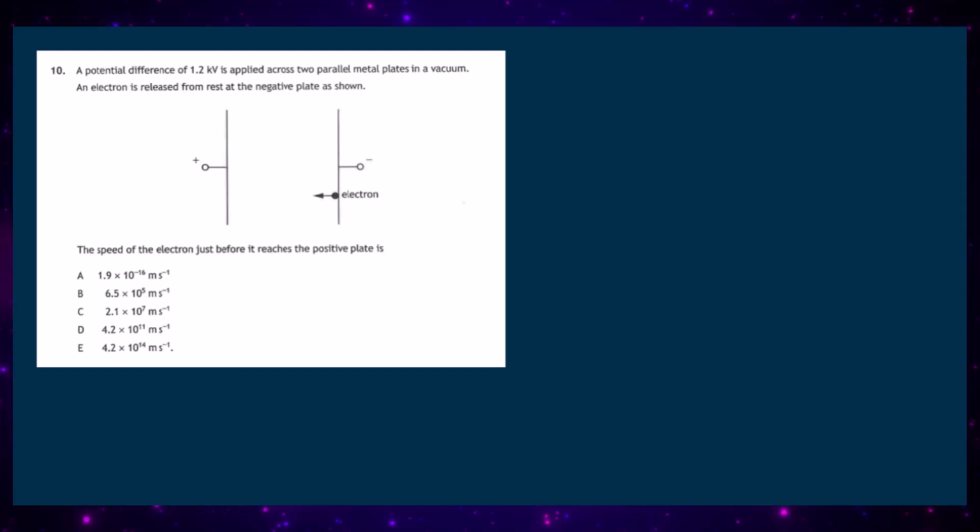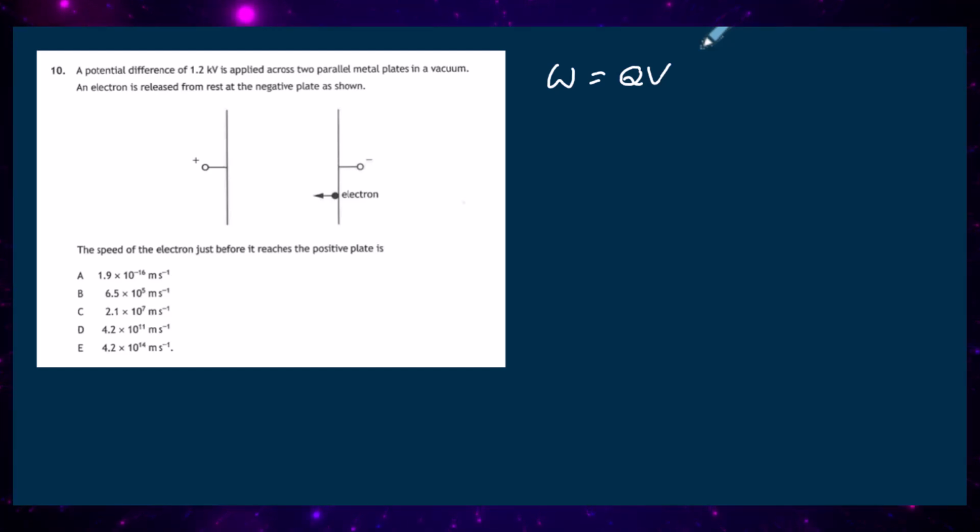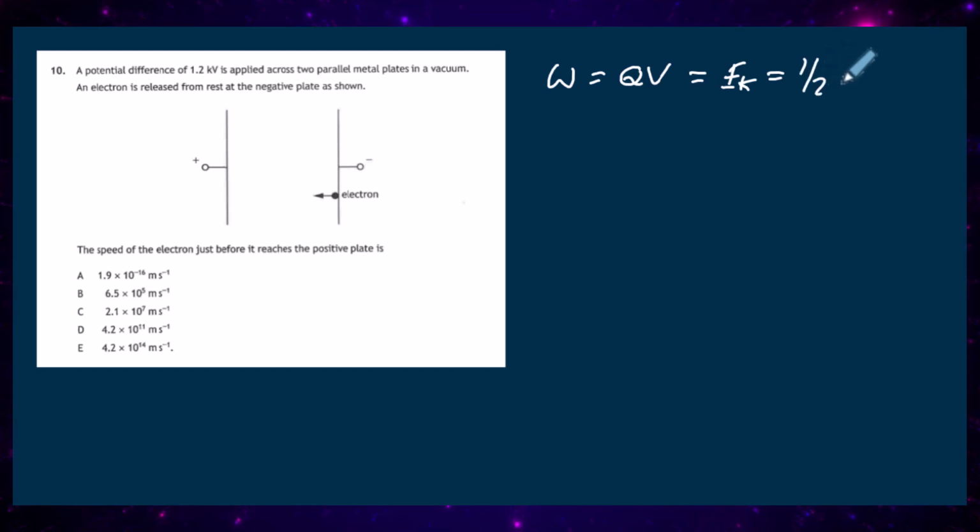We know for a fact that when the electron is placed in the electric field, the field is going to do work on that electron, and the work is given by: work equals the charge on the electron times the potential difference which the electron has passed through. Now that work done is going to be transferred into kinetic energy, EK. And we know EK is equal to 1/2 mv squared. Remember, small v is the speed of the electron.